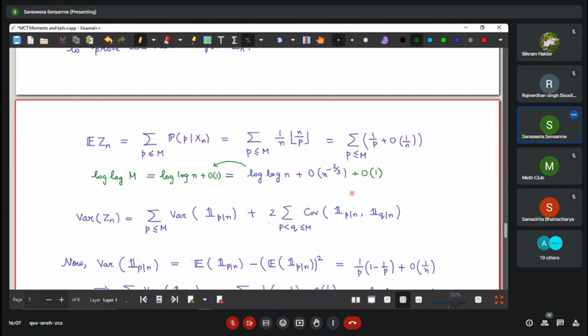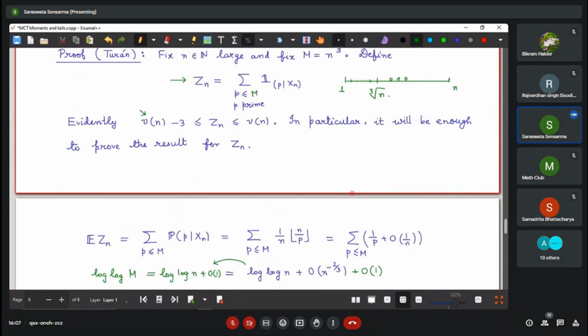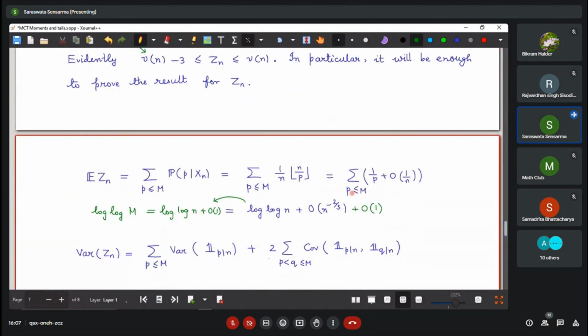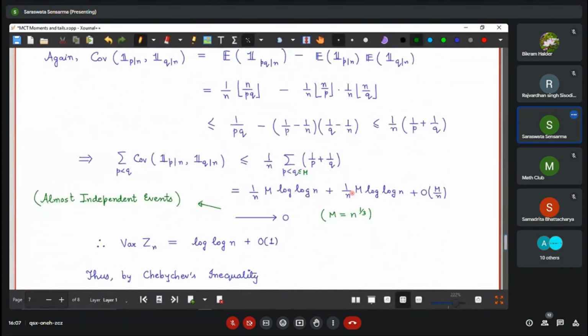So I was free to choose m as any power of n I want, because it changes neither this Vn nor the expectation. What it does is help you at this step where this covariance has to go to 0, because m is of order n to the 1/3, this term is going to 0.